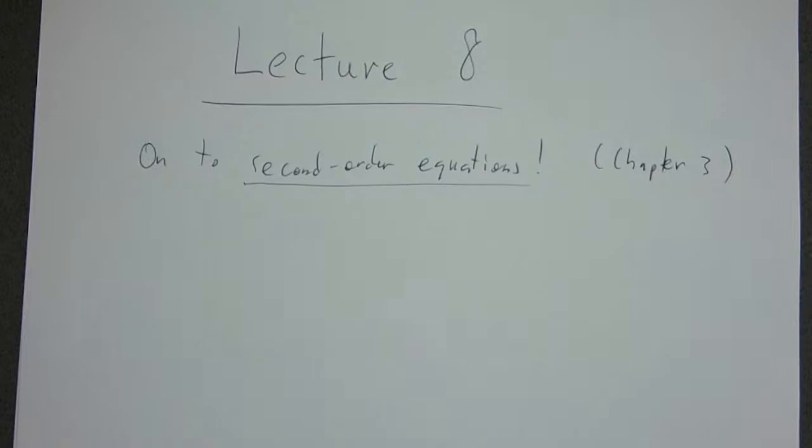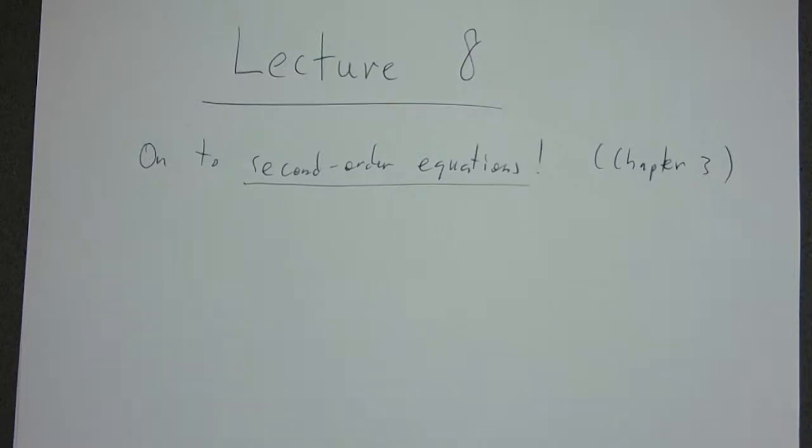There is, in fact, a classification of second order equations that can be done, and we will talk about that by the end of the course. There is a nice classification of second order equations, and we'll get into that. But it doesn't necessarily work in the same way as it did for first order equations.